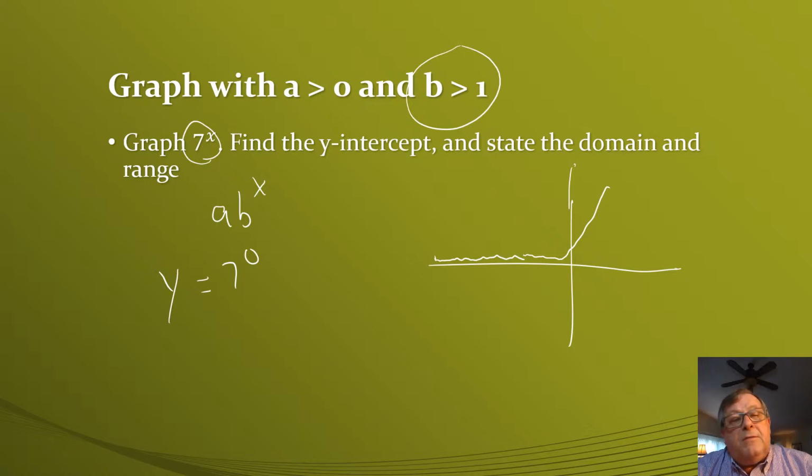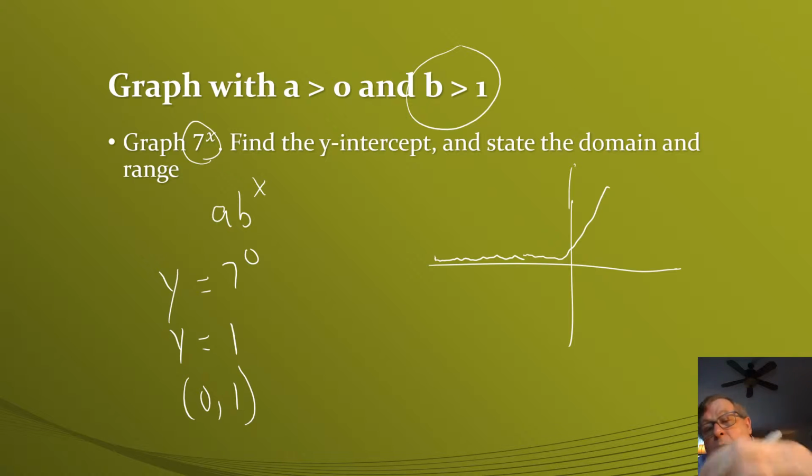If I put 0 in for x, which is that exponent, anything raised to the power of 0 is equal to 1. And so I'm going to have a y-intercept when x is equal to 0, y is going to equal 1. And perhaps we can visualize that that's about where that's going to occur, assuming that's 1 right there.